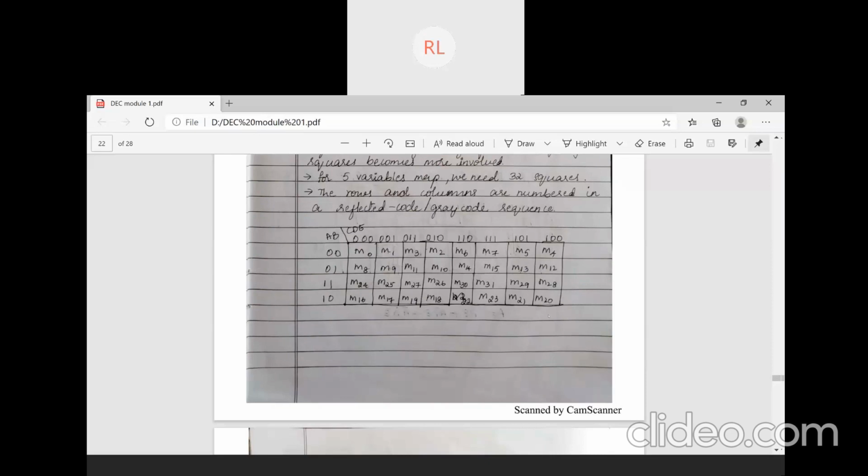Let me annotate, and we will try to understand this. We are folding the sheet across this.